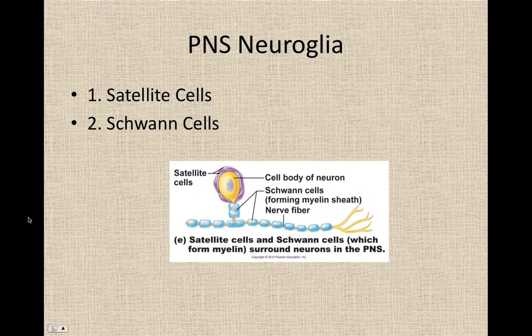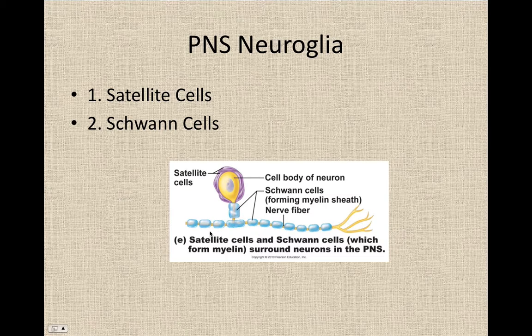Okay, and in the peripheral nervous system, satellite cells are going to be similar to the astrocytes. They nourish and maintain the cells. They make sure that they are supported, and the Schwann cells are going to be essentially what oligodendrocytes are to the central nervous system. Schwann cells are to the peripheral nervous system. So they are going to myelinate the axons of these neurons.